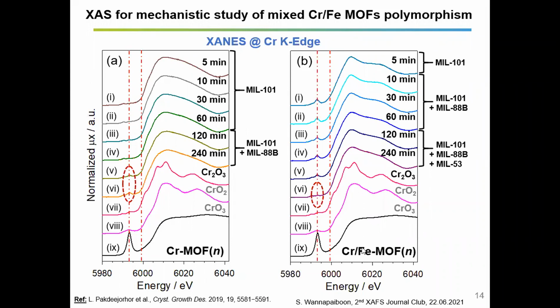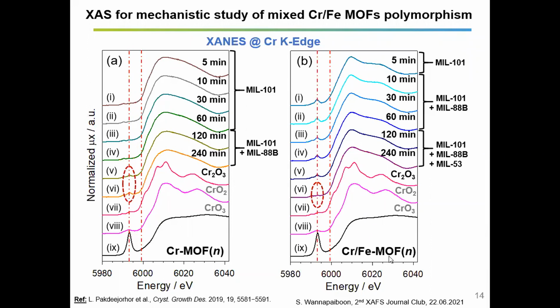In this case, we use 33% iron as the starting point of the synthesis in all of the conditions, and perform the reaction using microwave synthesis experiments with different reaction times. If you look at the chromium-only case, increasing the reaction time from 5 to 250 minutes, we end up with more or less the same patterns of the chromium K-edge, except at the high reaction times, where we see some tiny deviation of the pre-edge structure.